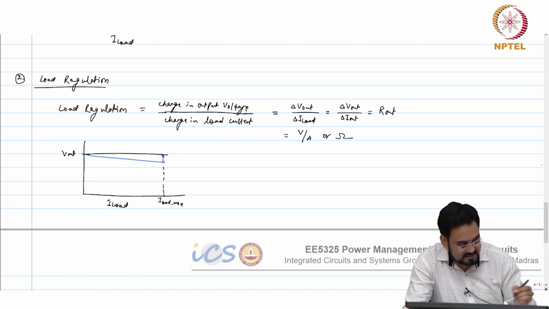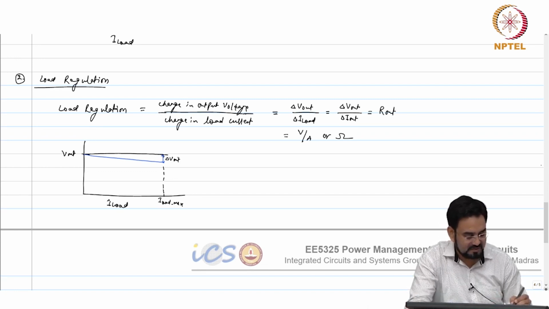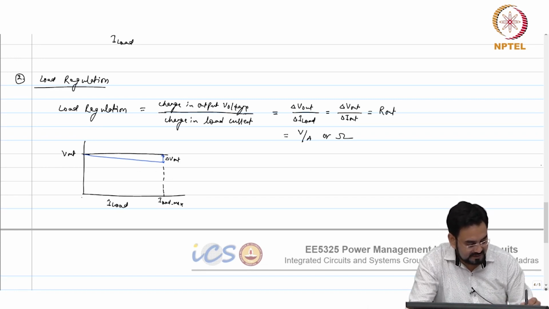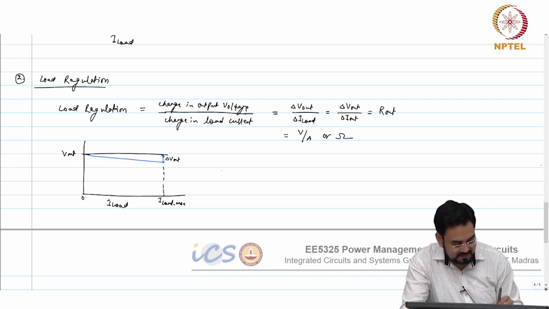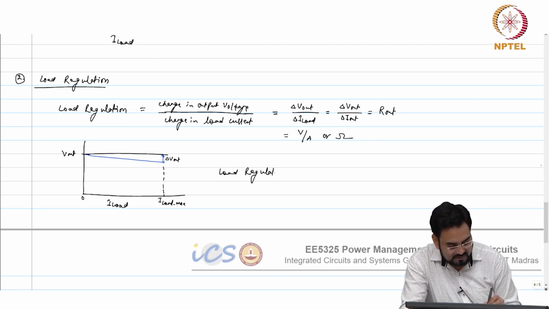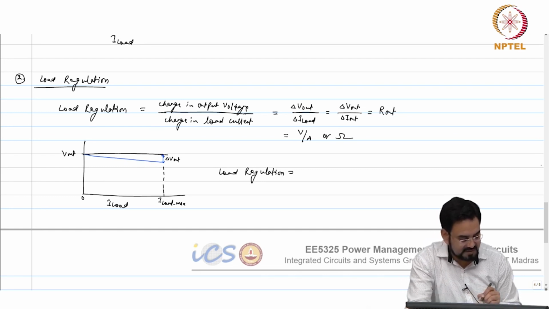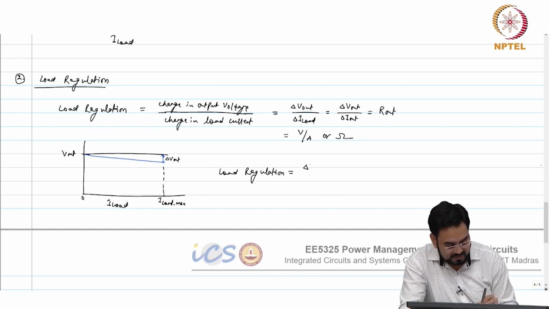So, if this is delta V out and this is going from 0 to I load max, then load regulation is delta V out over I load max.